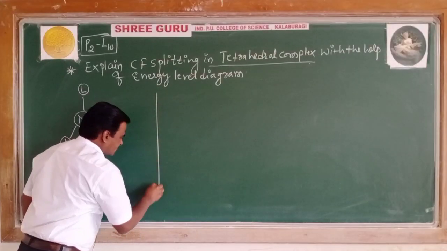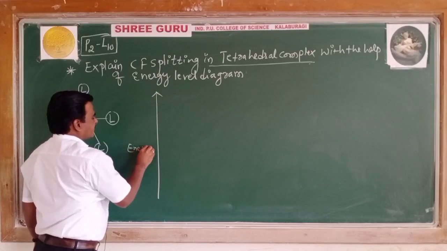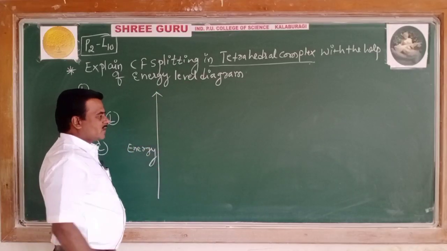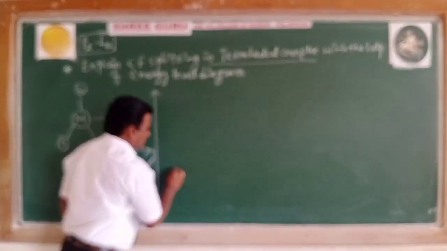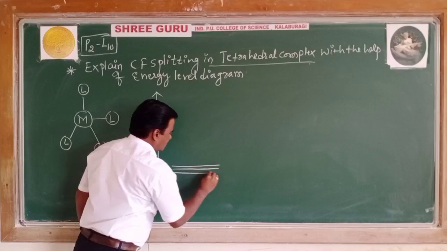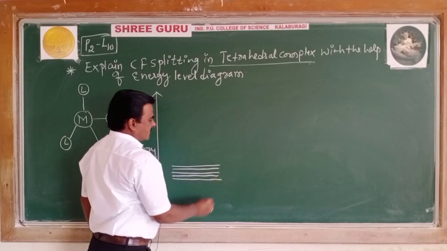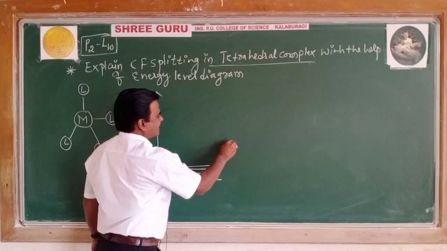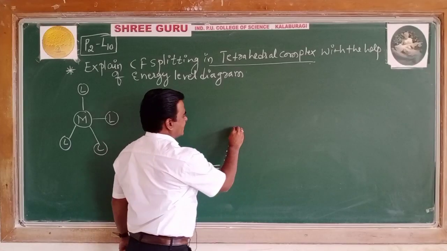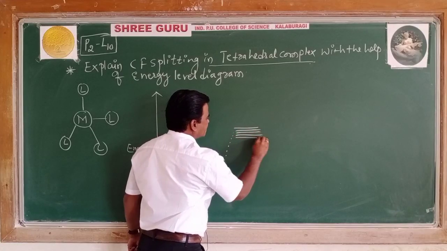So this is the energy axis. The 5 degenerate orbitals of the metal ion get excited, so in the excited state you have 5 degenerate d orbitals.